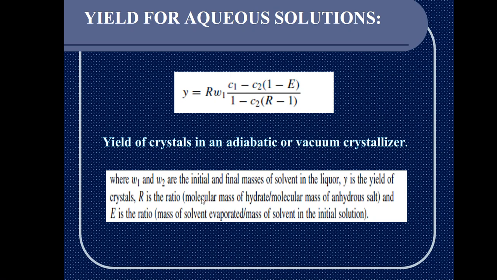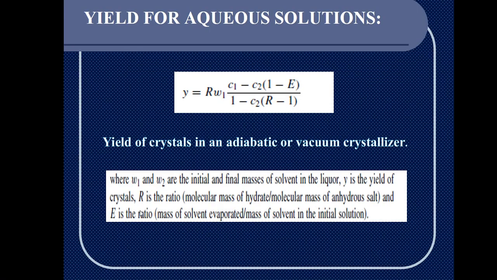But if there is, the problem will really specify that an amount of water evaporated during the process of crystallization. So this is how we define the E, the R, the W's, and of course the Y based on this particular formula. The C still represents concentration. C1 is initial, C2 is final.